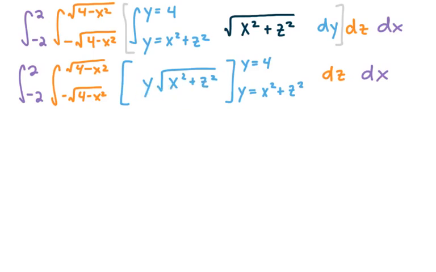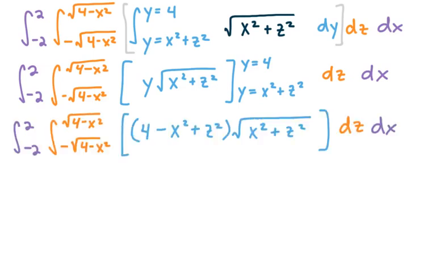So we'll plug in 4, we will plug in our function, and now our integrand looks like this: 4 minus x squared plus z squared, and then that coefficient value is still in the front.